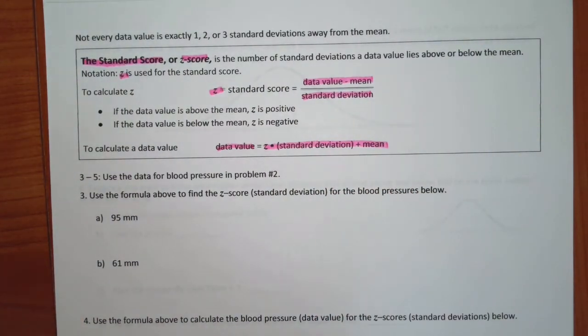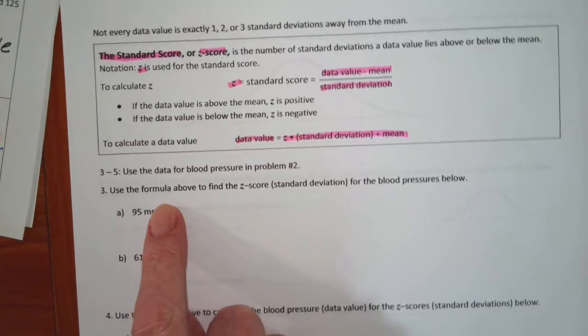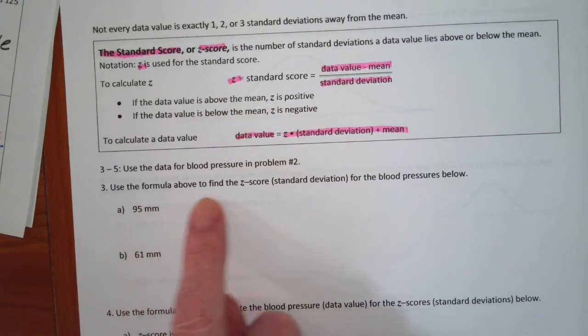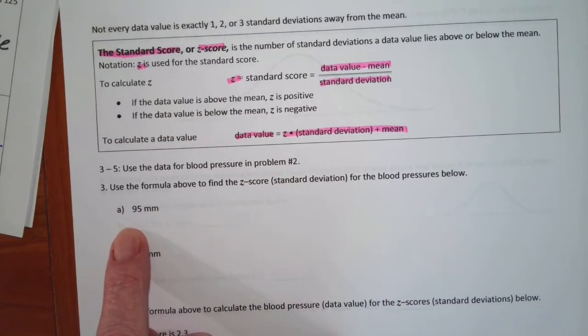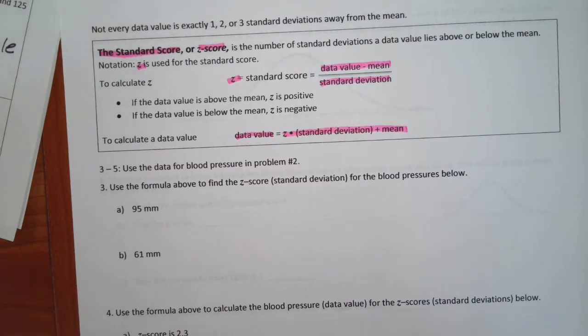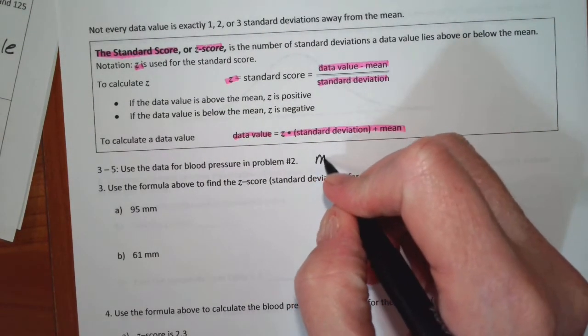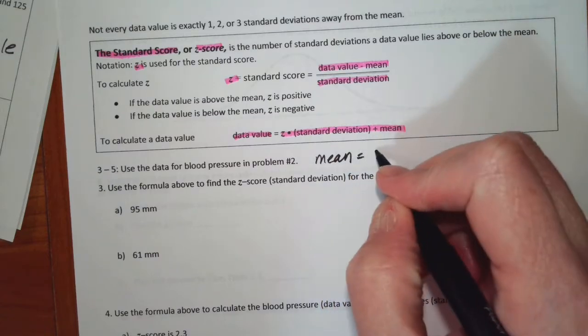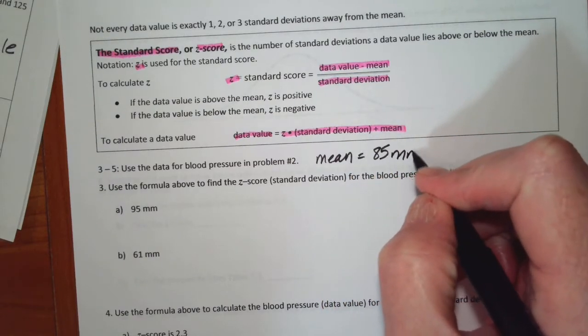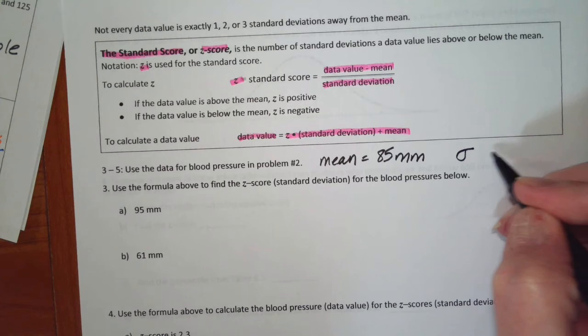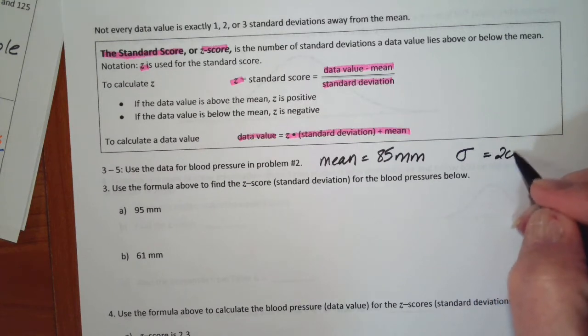Okay. So we're going to continue on using the information from the blood pressure problem. So we are going to use the formula to find the z-score for the blood pressures below 95 millimeters. We estimated it to be a half. If we look at this data, we know that the mean was 85 millimeters and the standard deviation was 20 millimeters.